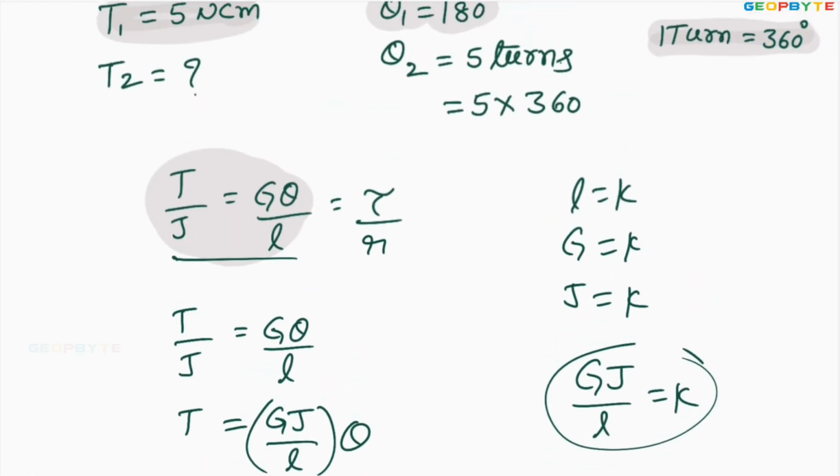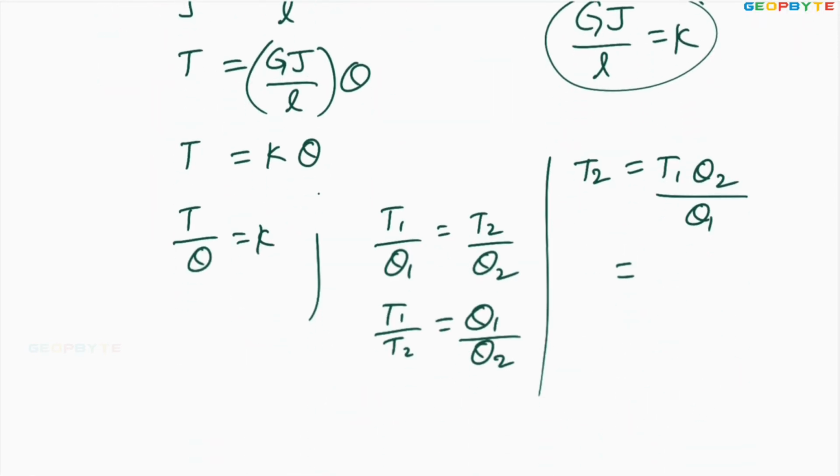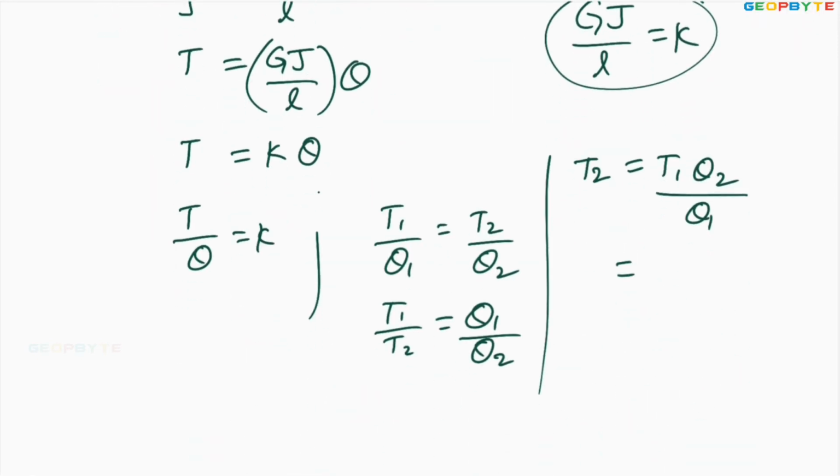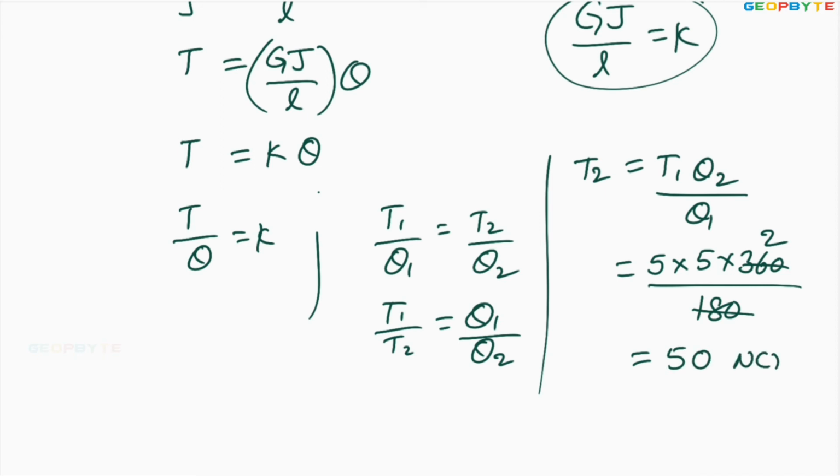T1 equal to 5. Theta 2 5 into 360 divided by theta 1 180. 180 2 times. 5 into 5 into 2, 50. T2 equal to 50 Newton centimeter. That is the answer. I hope all of you understood.